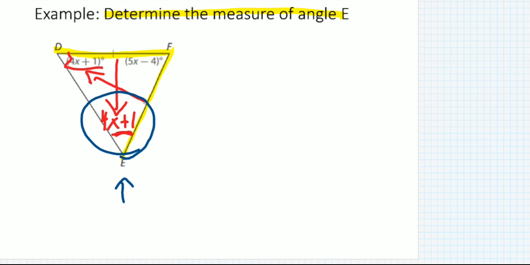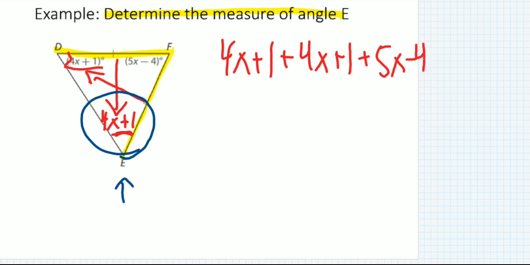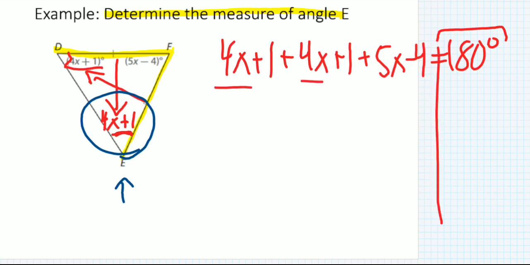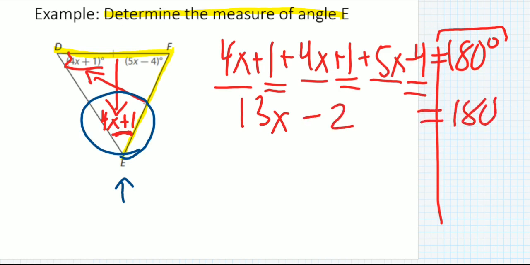So based off of what we know, 4x plus 1 plus 4x plus 1, there go my two congruent angles, plus 5x minus 4. All three of those have to equal 180 because we're working with a triangle. Then combine like terms. You guys know I like to draw the lines. 4, 8, and 5 is 13x, and then 1, 1, and negative 4 is negative 2, equal to 180.